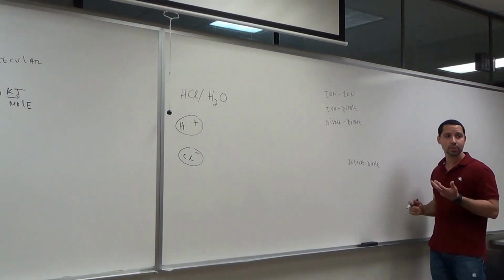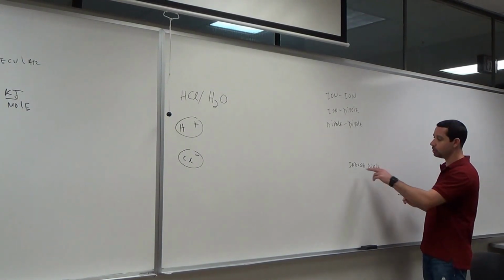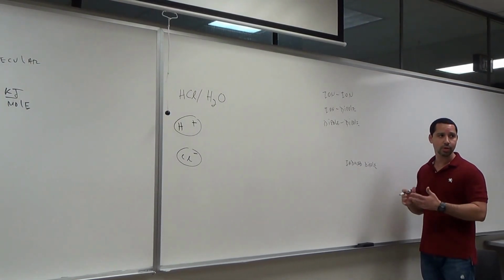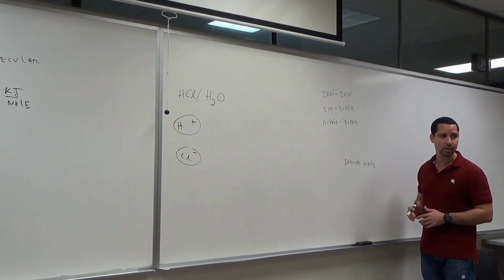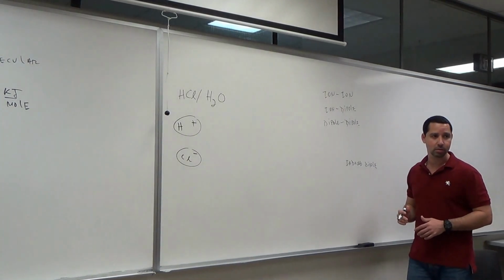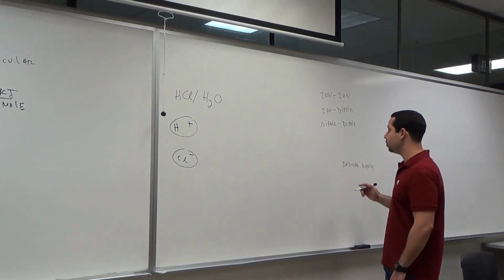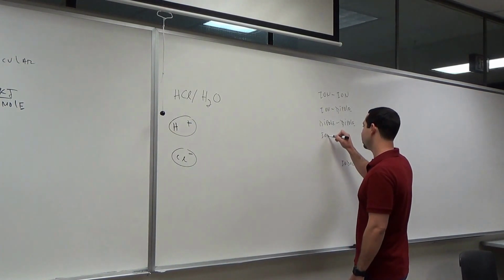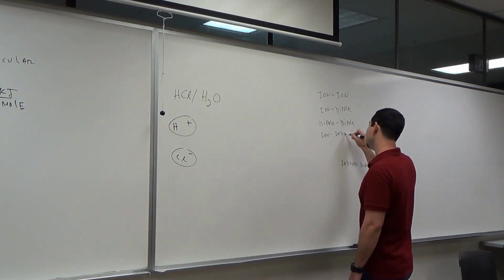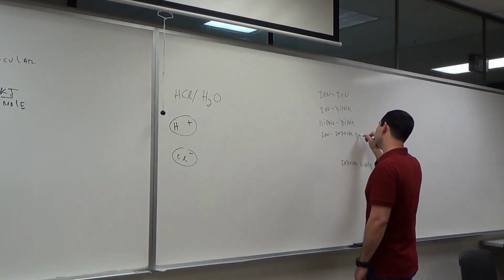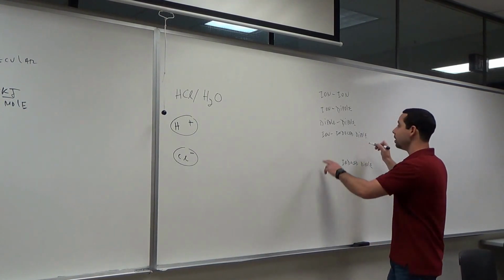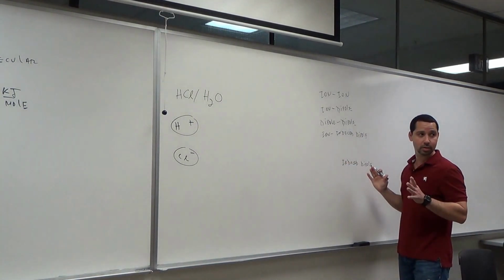I'm saying the London dispersion forces are also called induced dipole. What are the other combinations we can possibly have? Ion-induced dipole. I don't understand what the difficulty is, but ion-induced dipole. We didn't have this one, yes?